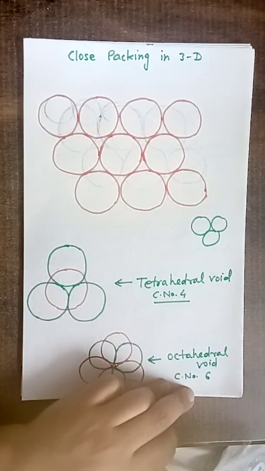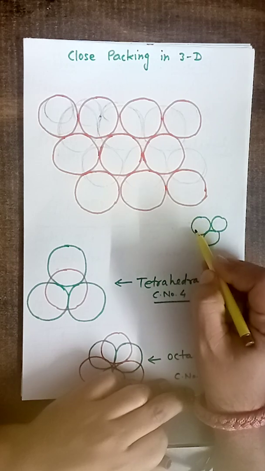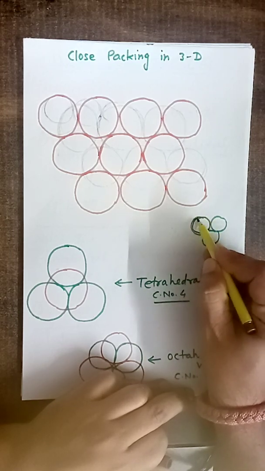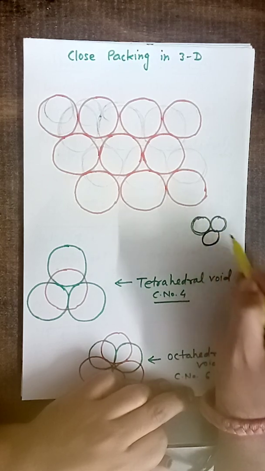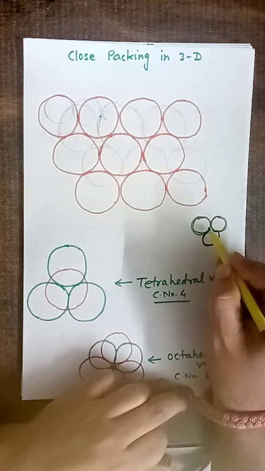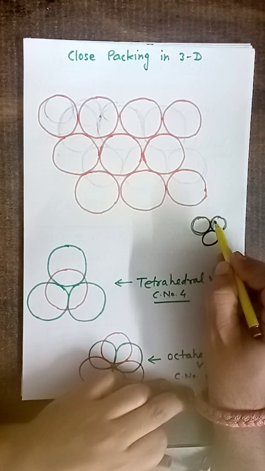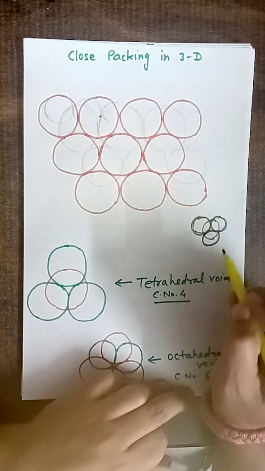The first option, particles of the second layer occupy their position just over the particles of the first layer. I repeat, this is the first possibility. Another possibility is that the second layer occupies its position over this triangular void.